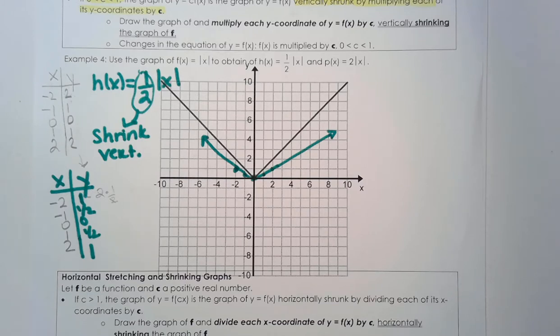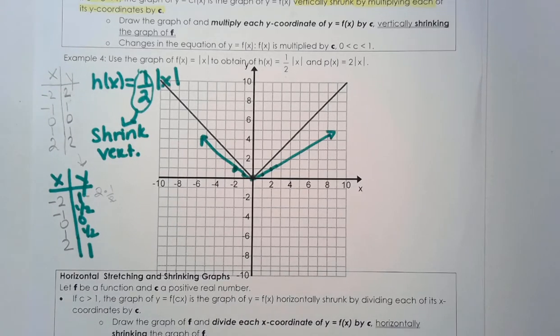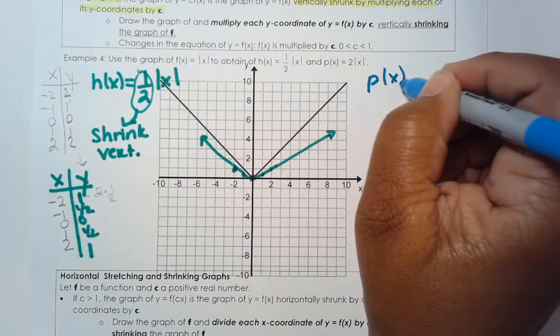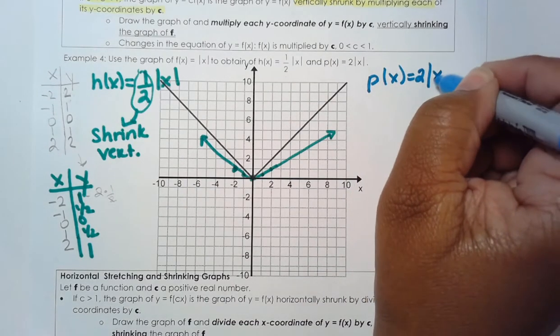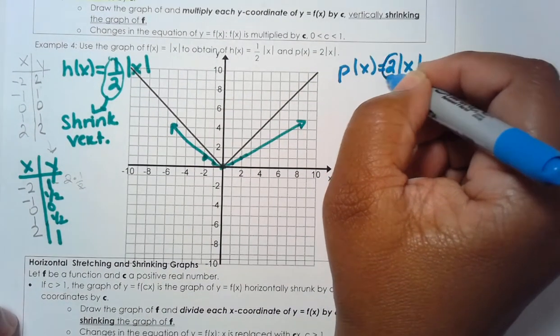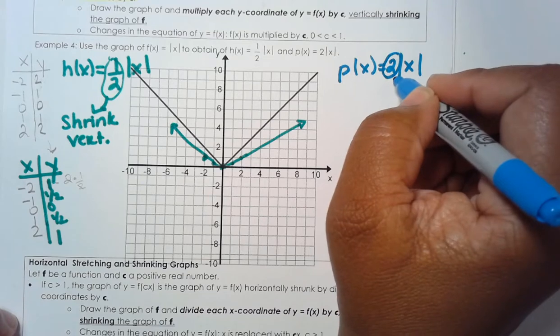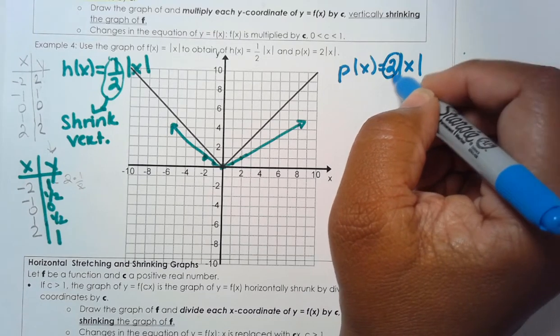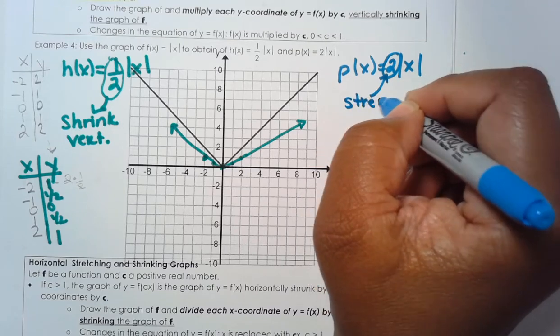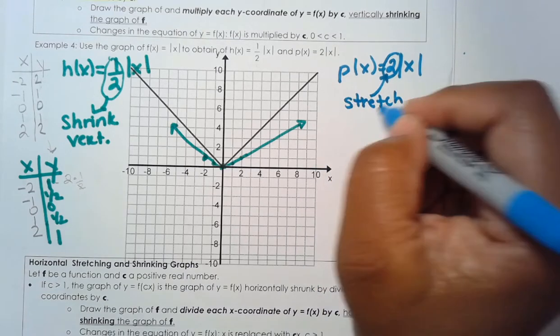Okay. Now, we have p of x is equal to 2 times the absolute value of x. So when our number that's in front of the absolute value sign is greater than 1, it will stretch vertically.